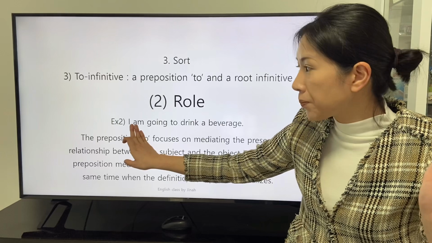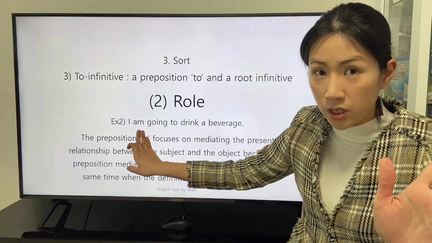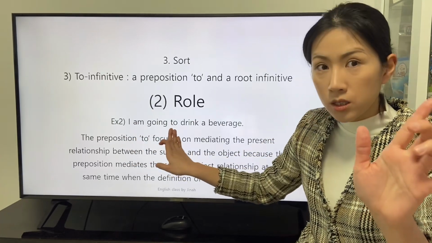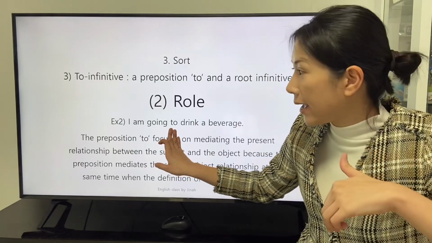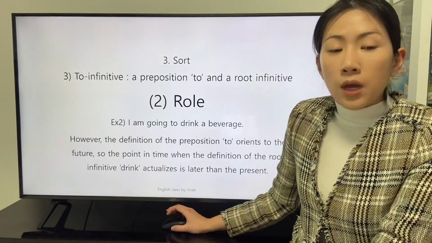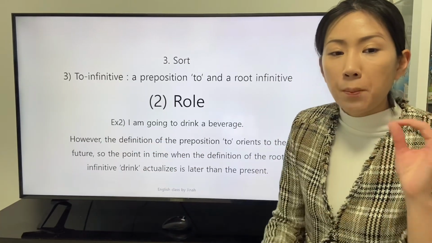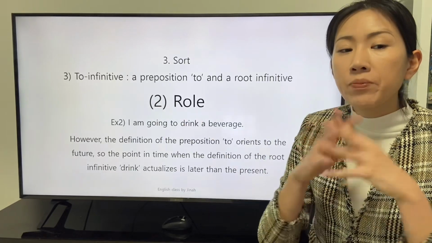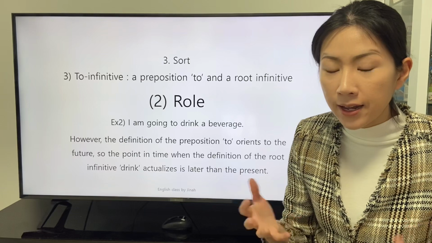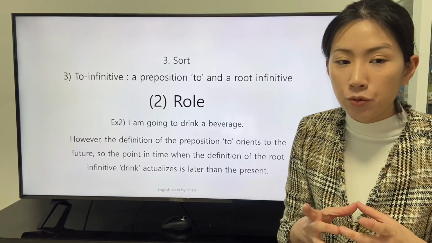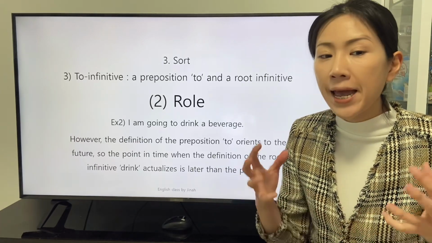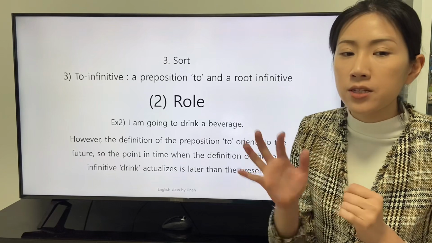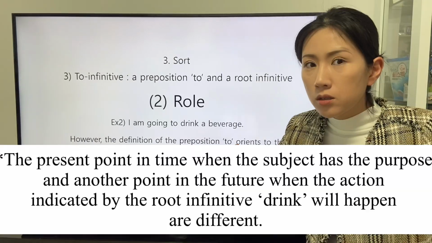The speaker is in a condition with the purpose at the present. However, the definition of the preposition to orients to the future. So, the point in time when the definition of the root infinitive drink actualizes is later than the present.